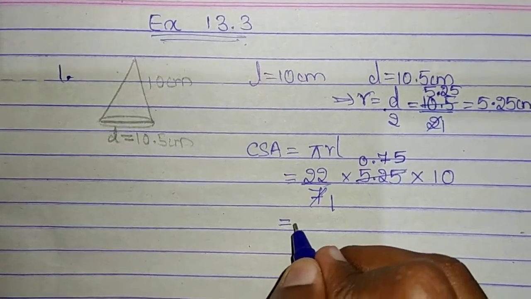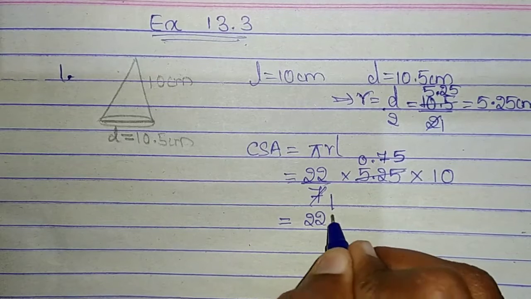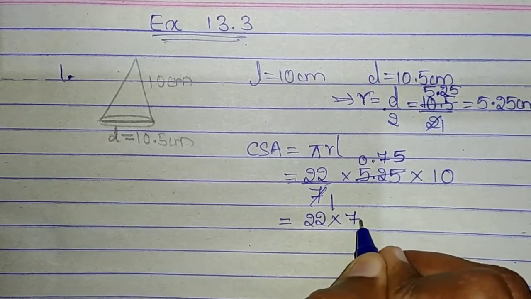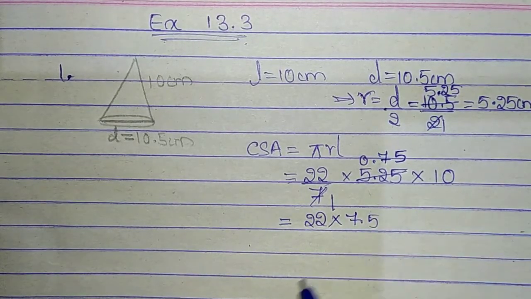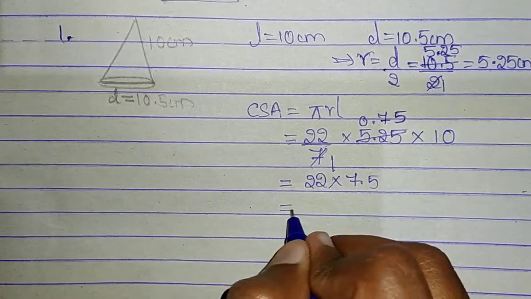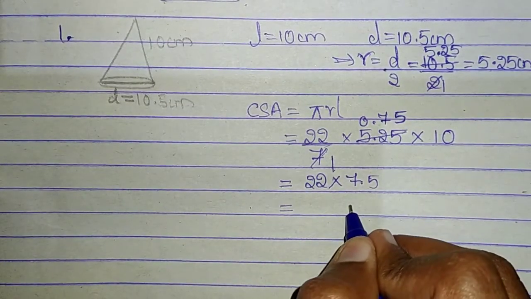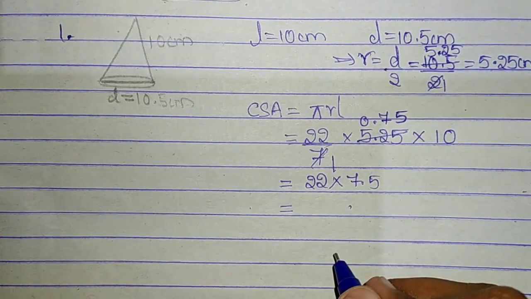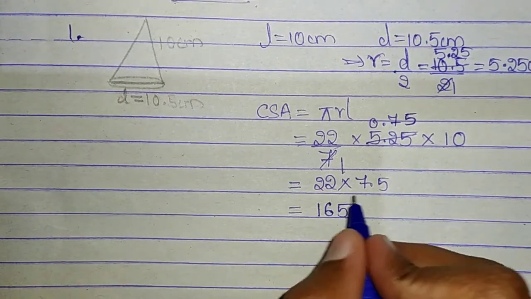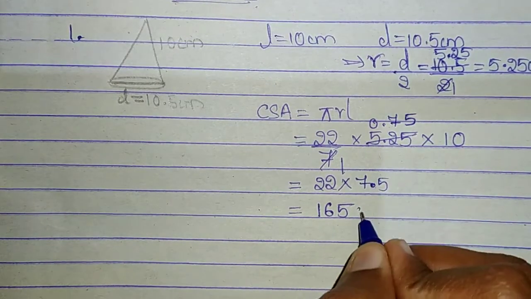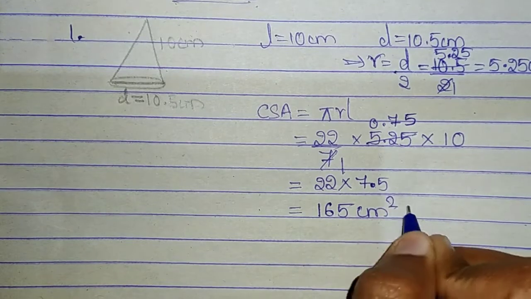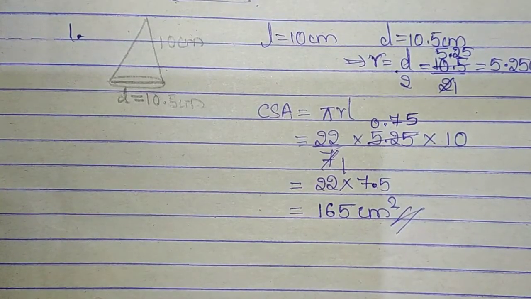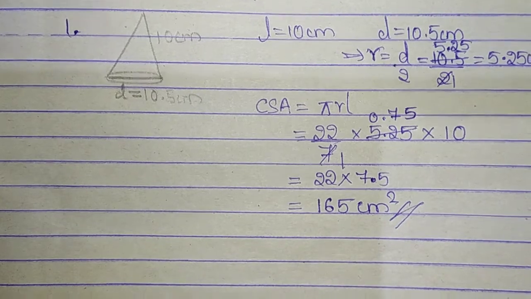So this will be equal to 22 into 0.75 into 10, which is 7.5. So 22 into 7.5 is equal to 165 centimeter square. This is the required answer. The CSA of the given cone is 165 centimeter square.